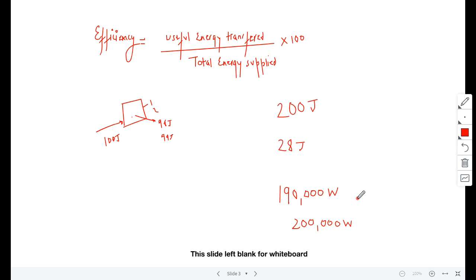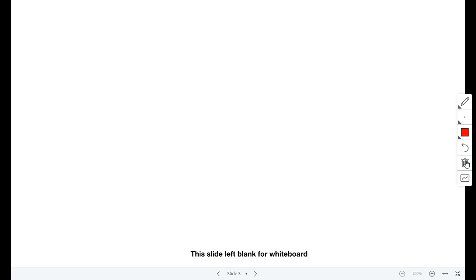Now there is one important thing: it's not possible to have an efficiency greater than or equal to 1. Efficiency should always be less than 1.